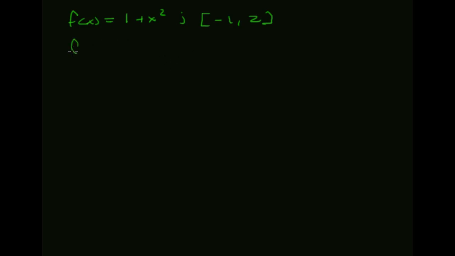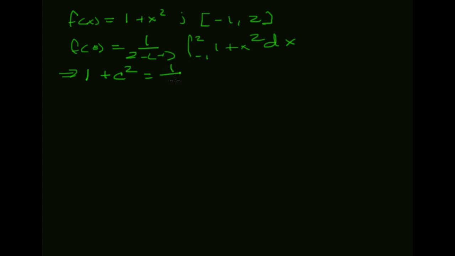So we want f of c to be 1 over 2 minus -1 times the integral from -1 to 2 of 1 plus x squared dx. So this tells me that I want 1 plus c squared to equal 1/3 the integral from -1 to 2 of 1 plus x squared dx.